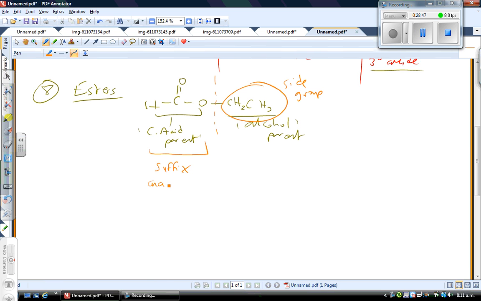The suffix is always going to be -oate for all esters. So if we name this now, we have a side group which is ethyl, and then we have a 1-carbon ester which is going to be methanoate. So that's how you name that ester. So what we're saying here is that the parent alcohol would have been ethanol, and that the parent carboxylic acid would have been methanoic acid.